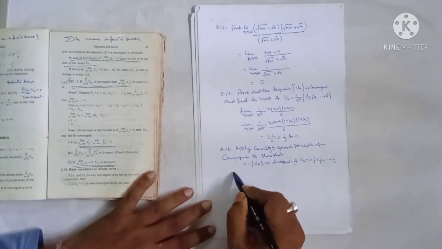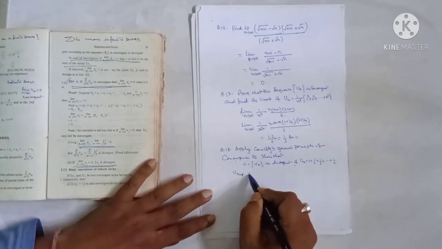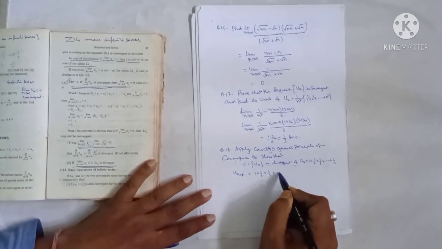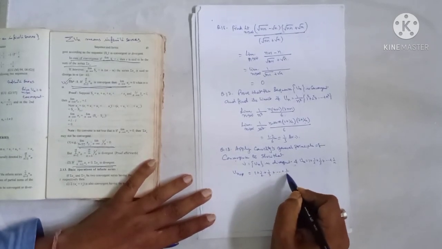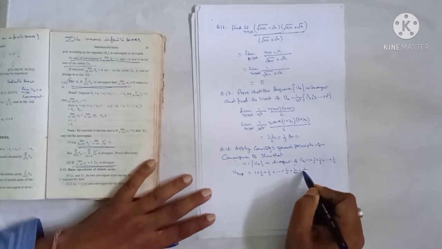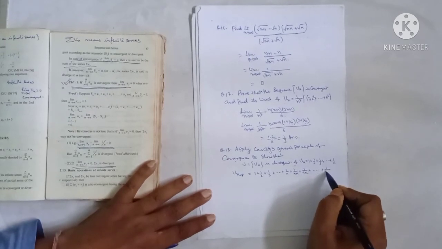Your un plus p will be 1 plus 1 by 2 plus 1 by 3 plus up to 1 by n plus 1 by n plus 1, 1 by n plus 2, up to 1 by n plus p.